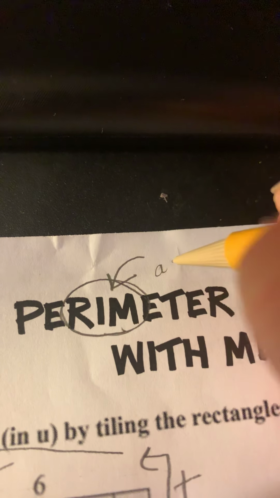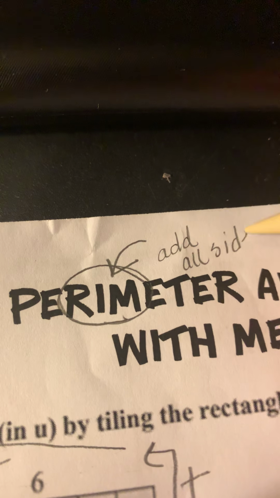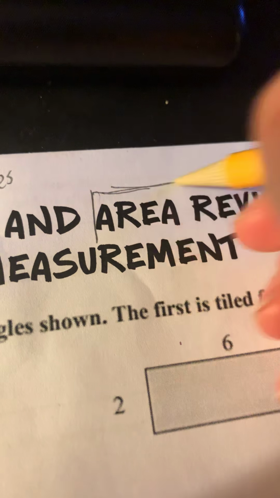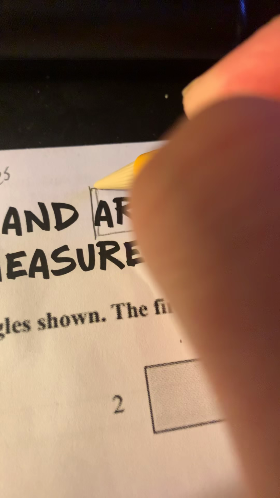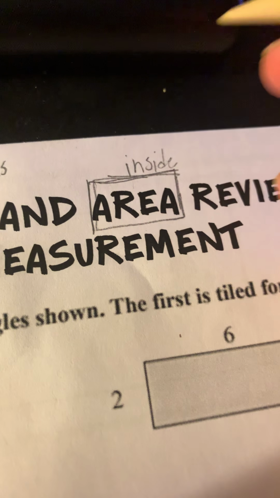So I would say, okay, perimeter, you all said, is add all sides. And then area. Area is the squarea. Where are the squares? The squares inside.